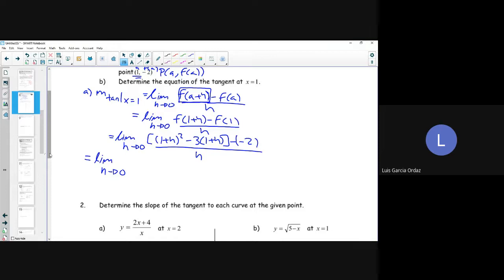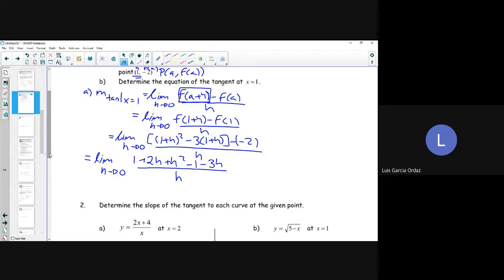So Madge got 1 plus h squared minus 1 minus 3h all over h. I'm just going to check if you're correct. Yep. Like Matt said, we have 1 plus 2h plus h squared minus 1 minus 3h, all over h.